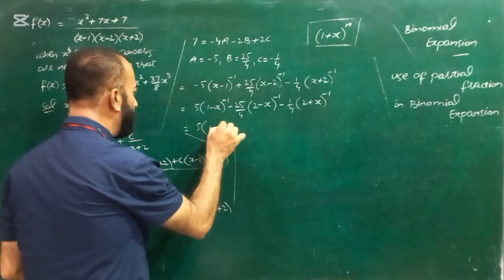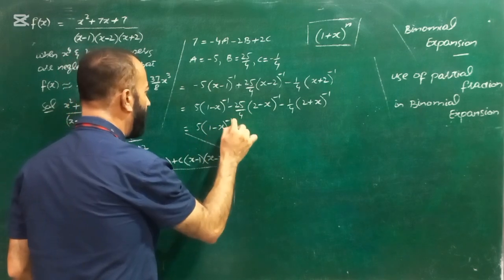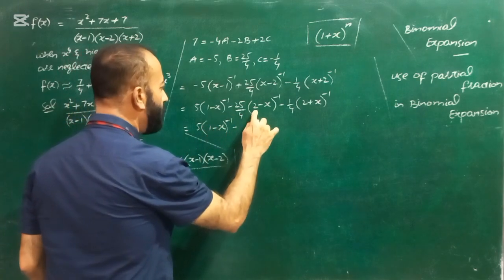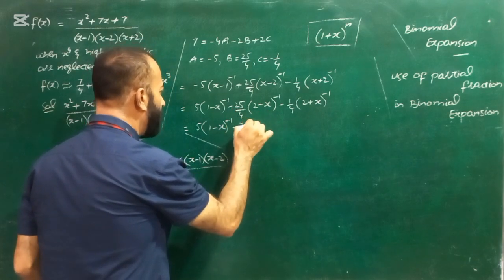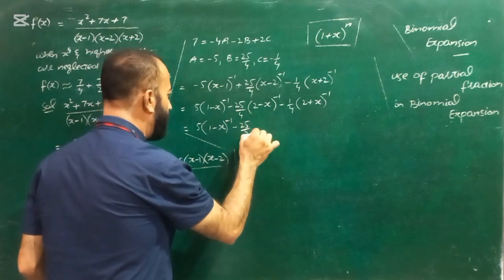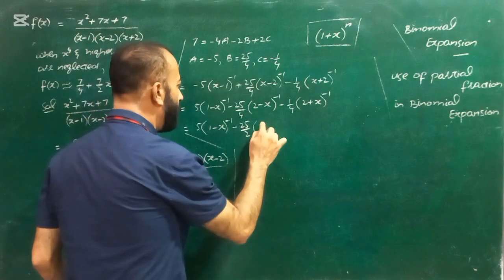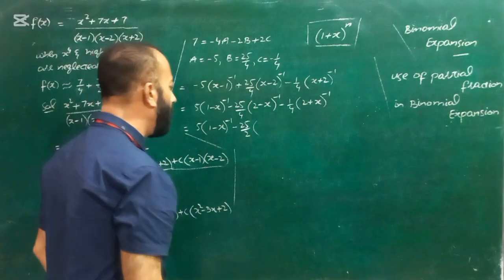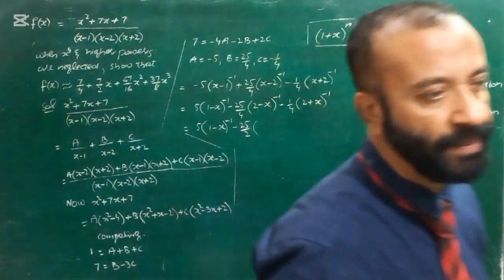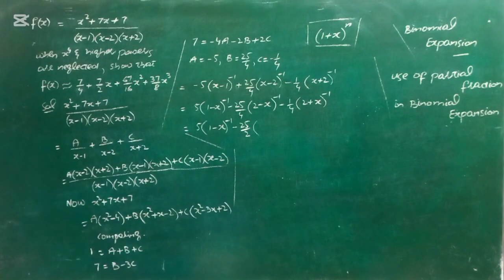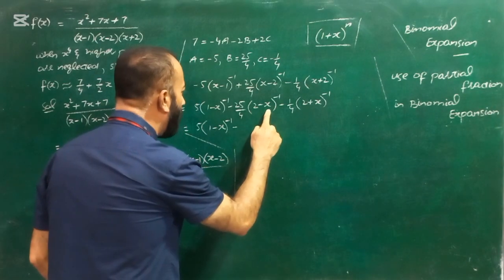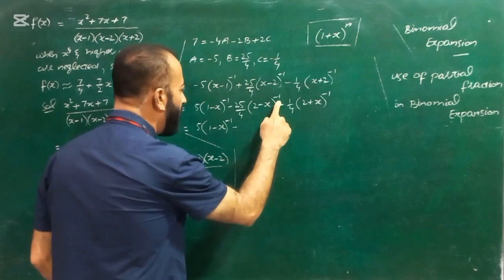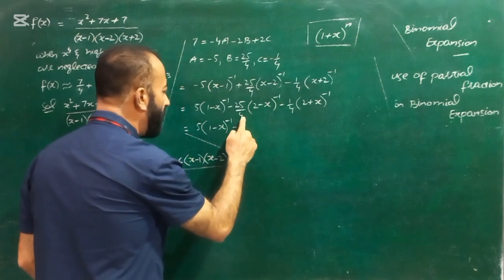So 5 into 1 minus x raised to the power minus 1. 2 will be taken as common, so it will become minus 25 by 2, and 2 will be taken from this bracket common. So because the power is minus 1, it will be multiplied by 4.